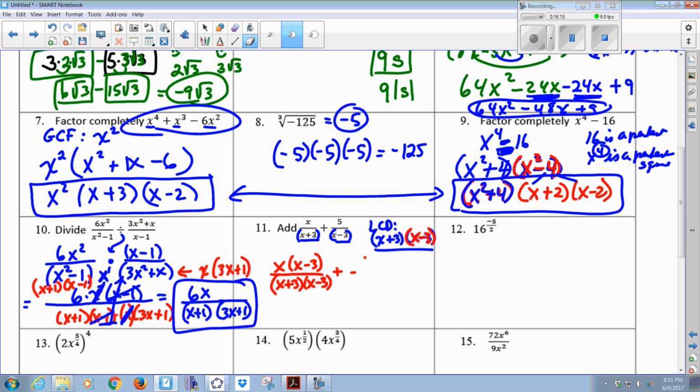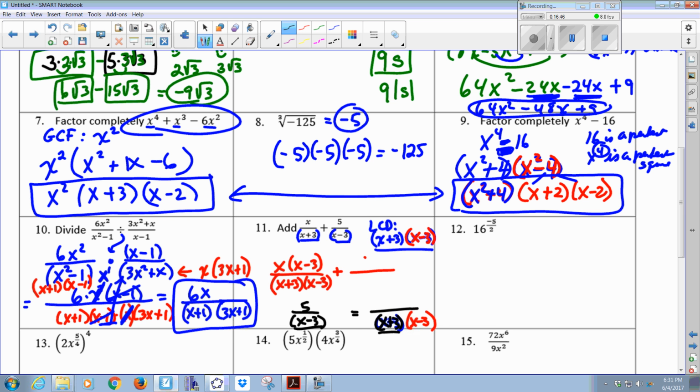Now I'm going to add. Now this second fraction, remember, it looks like this, 5 over x minus 3. And I want it to look like x plus 3 in the denominator times x minus 3. So when I compare the two, I say, well, this fraction already has x plus 3 as a factor in the denominator.